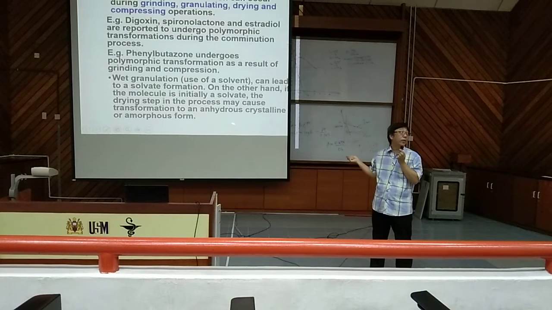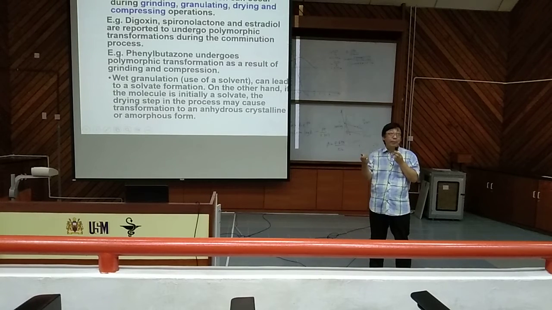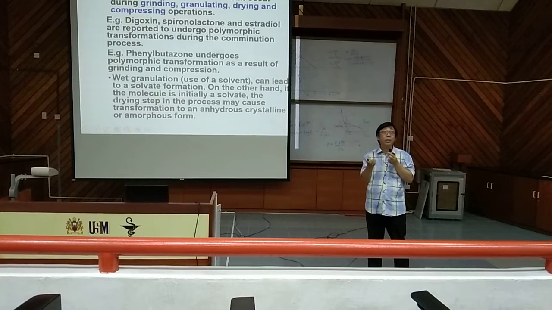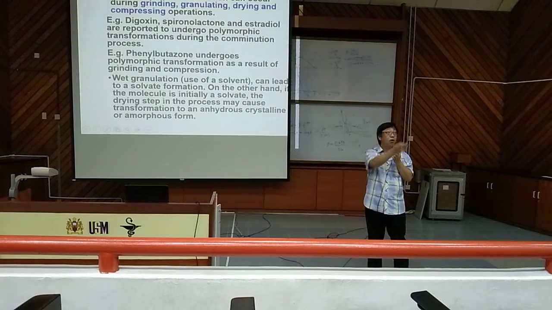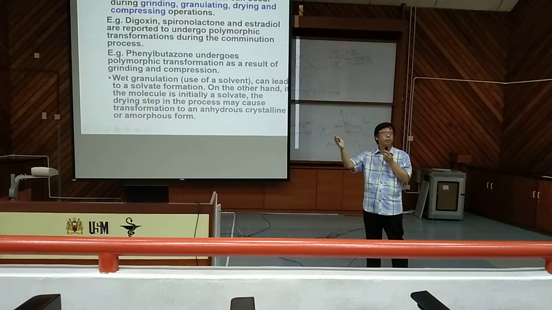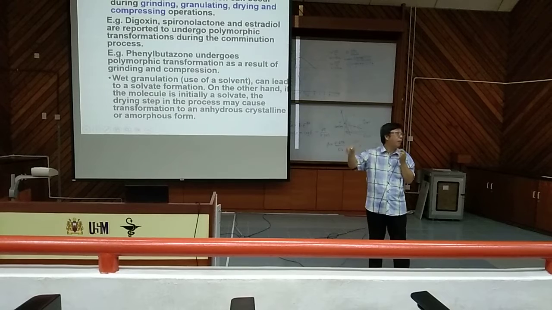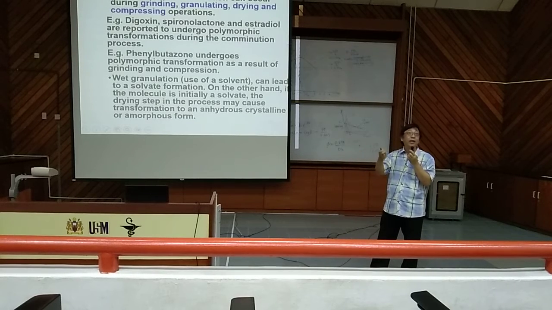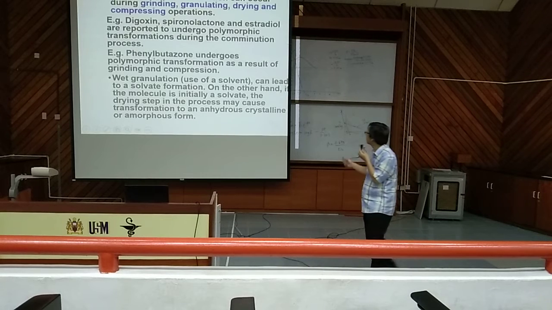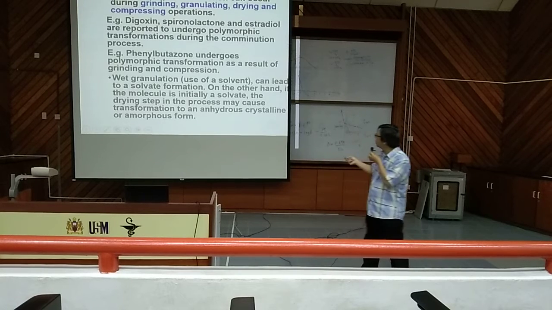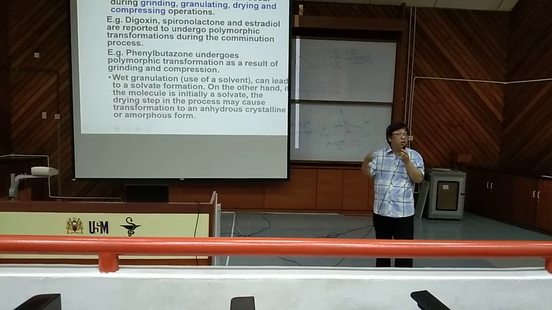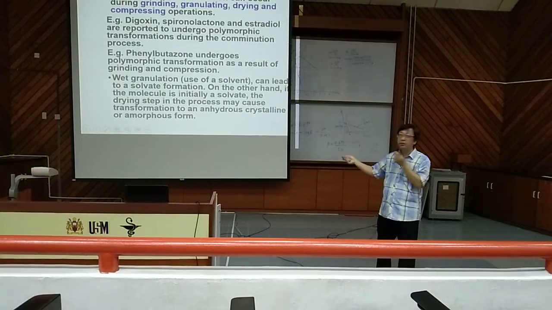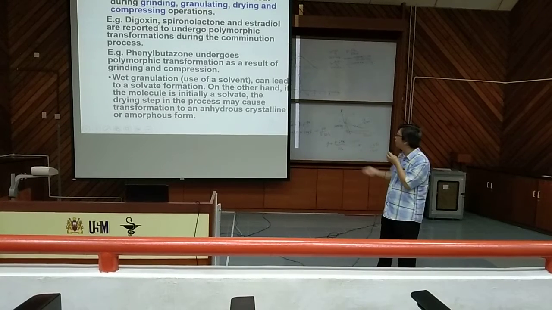If you want to go for wet granulation, use IPA. You know what IPA is, right? Isopropanol. You have methanol, ethanol, and propanol, right? You can use propanol to do the granulation. So for a lot of vitamin C, vitamin A, if you can't use water, you can go for IPA. So when granulating, if you use water, it will hydrate. With other solvents, you call it solvate formation.